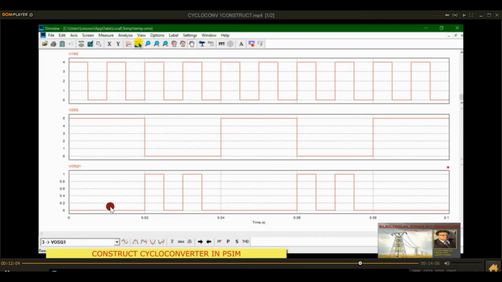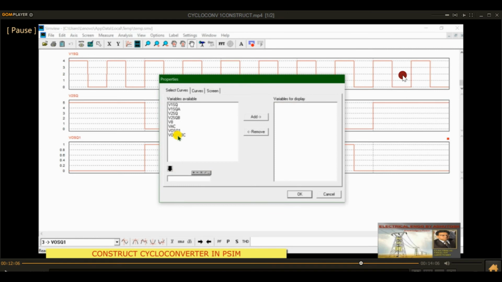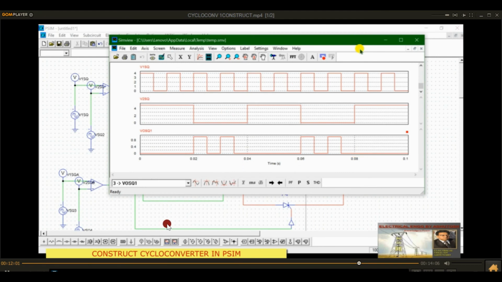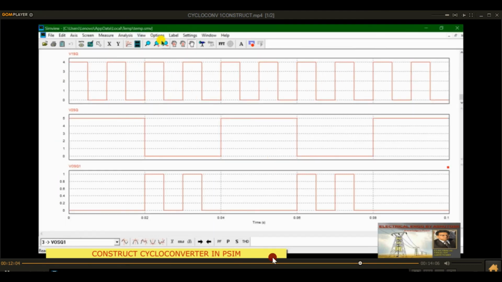Okay, so this will be the output of this comparator, the upper one. Okay, it will be provided, and will be like this. Okay, see here, it will be like this. This is the output waveform. And then see the output of the lower comparator.